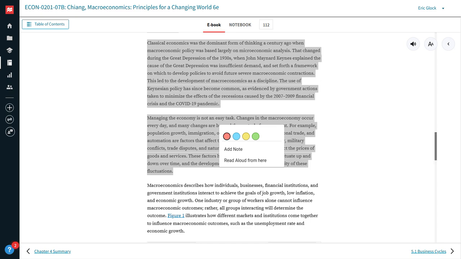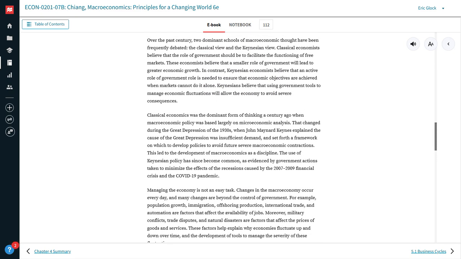But this term here, and this is something I really want you to know: classical economists. As far as macroeconomics at least, we have three major things going on, which are schools of macroeconomics. The first here, these three paragraphs, when he says classical economists, just cross that out.